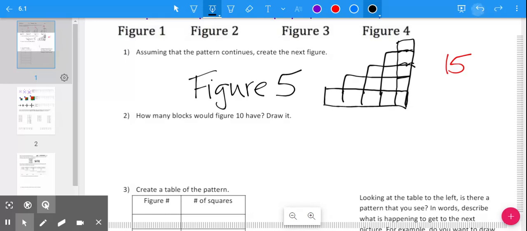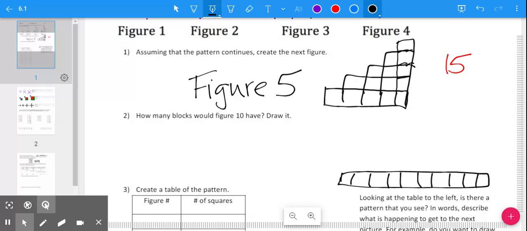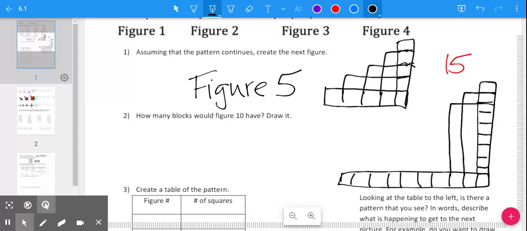So I have 1, 2, 3, 4, 5, 6, 7, 10. There we go. And I want 10 going up. So I have 1, 2, 3, 4, 5, 6, 7, 8, 9, 10. All right, and then follow that same shape as the rest of the figures.